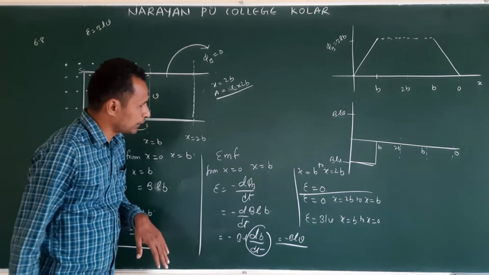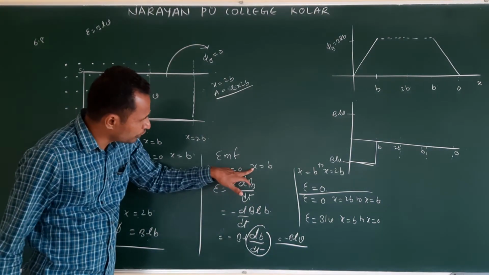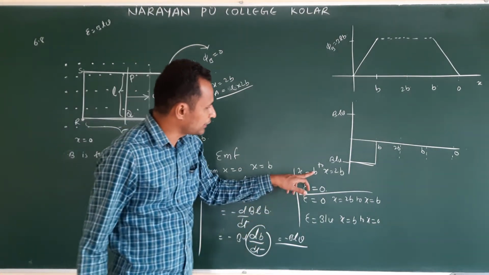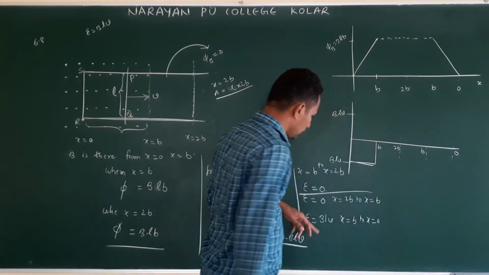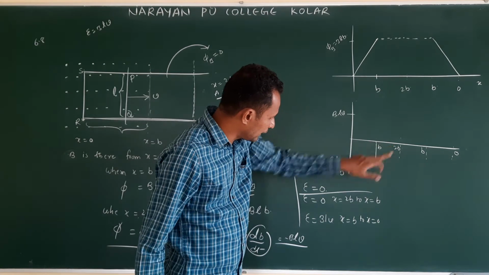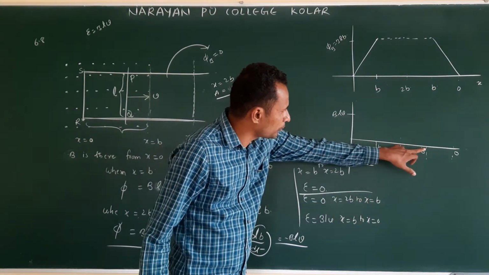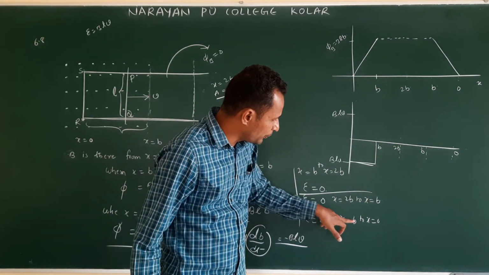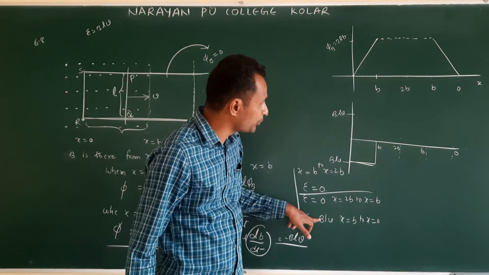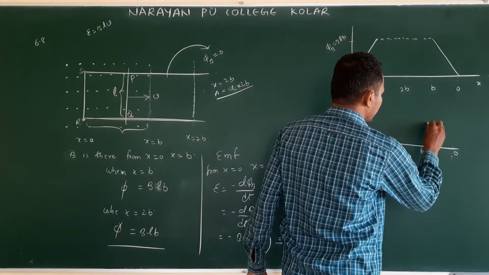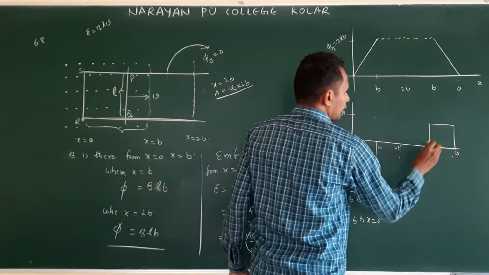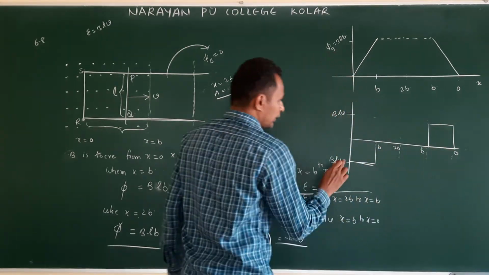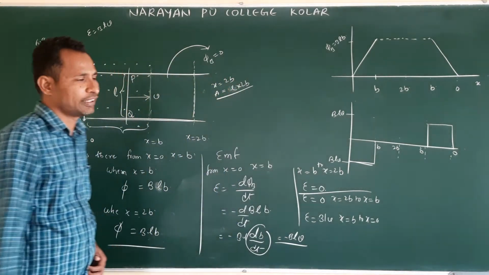Next, from 0 to b it is minus BLV. From b to 2b it is 0, and from 2b to b again 0. Next, x equal to b to x equal to 0, it is plus BLV. Clear? So b to 0 plus BLV, 0 to b minus BLV.